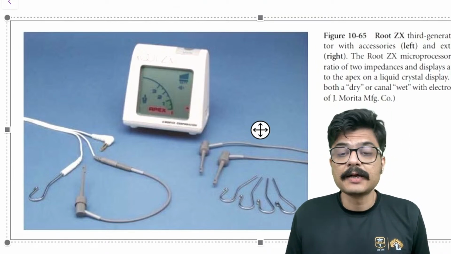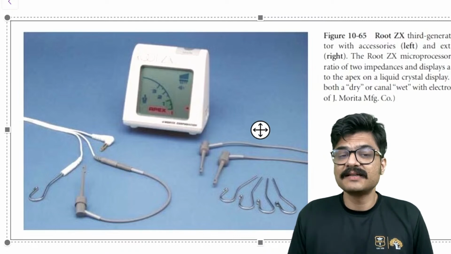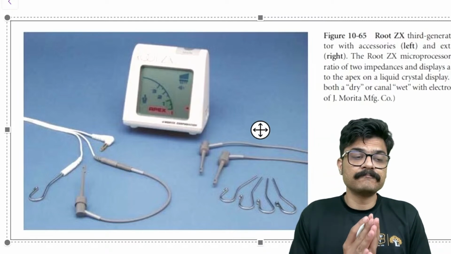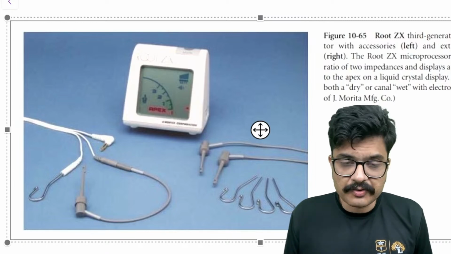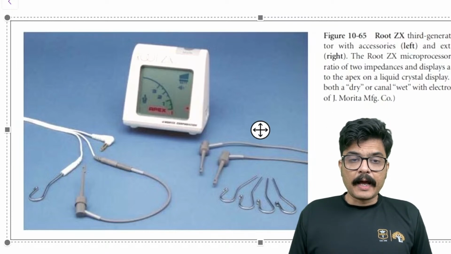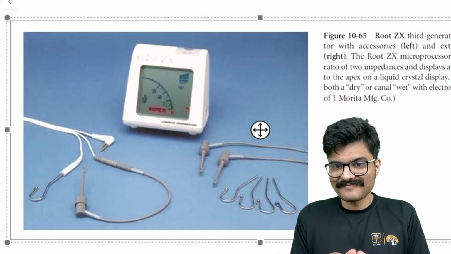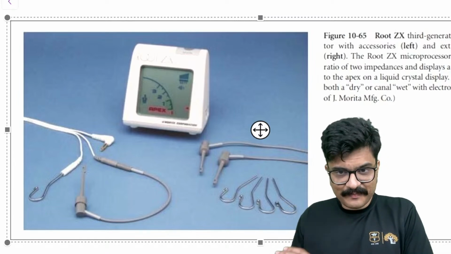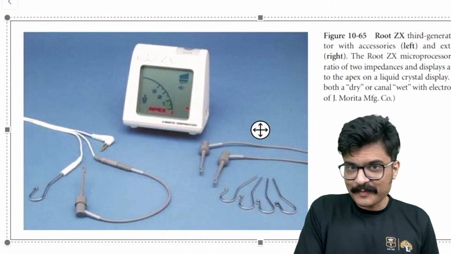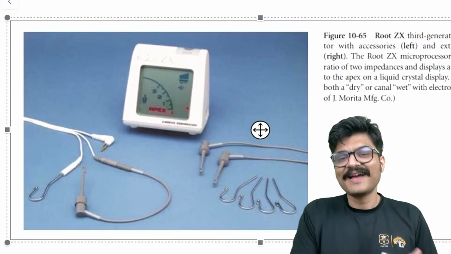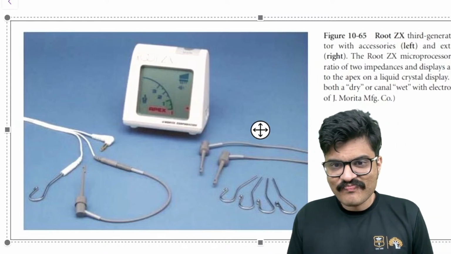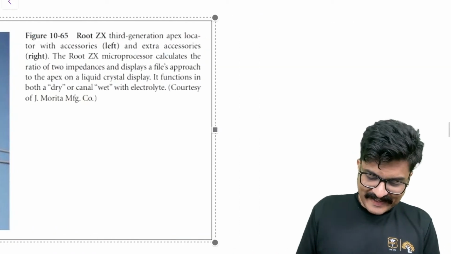That is the question that comes and is considered pretty confusing by you guys. Now this represents what? Radiographic apex, apical foramen, apical constriction, right? That is the question that comes.